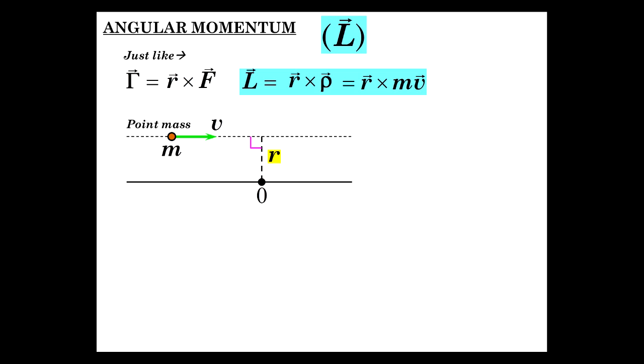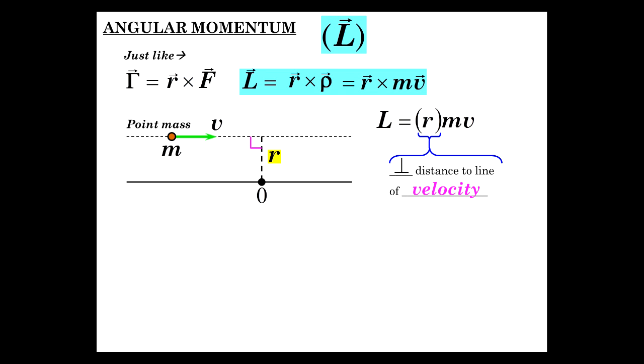So that's really important in the cross product, r cross mv. So angular momentum, r mv, r being perpendicular to the velocity, and r then is simply the perpendicular distance to the line of velocity. And it's going to maintain that here. It's going to be the same quantity as long as v stays the same in magnitude and doesn't change in direction.